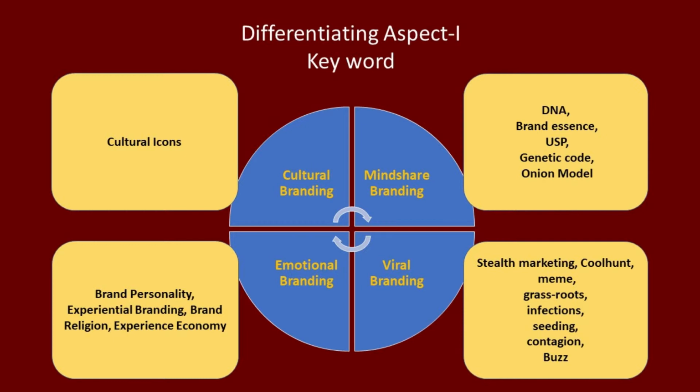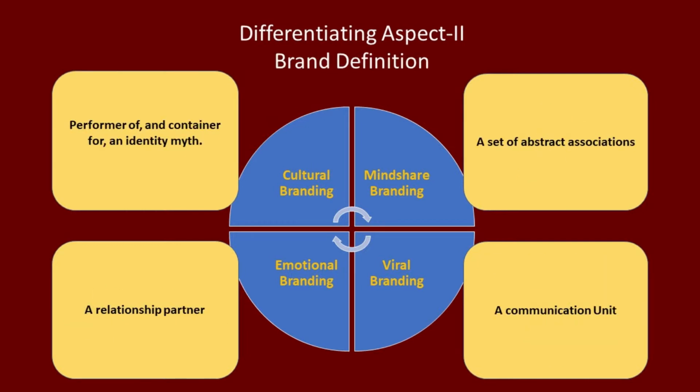When the marketing activities are based on the emotional branding model, the brand is referred by its personality and its experience with consumers. Lastly, the brand is referred by its stealth marketing and buzz created by the brand when the marketing activities are based on the viral branding model.